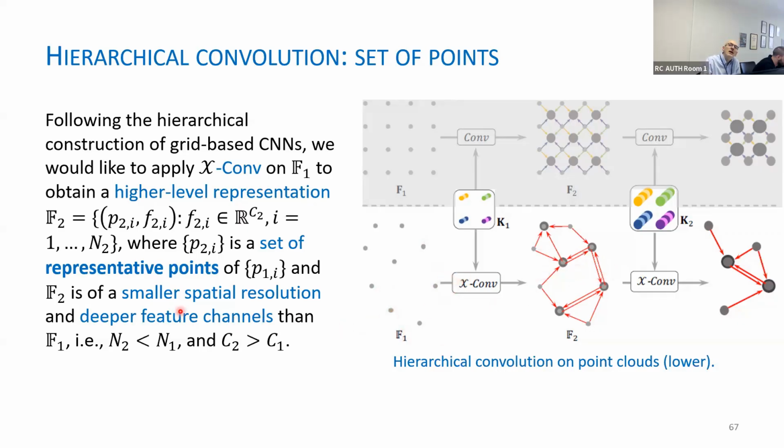For these points, we aggregate information from neighboring points, and so the feature associated with each point is larger, as we have for the convolutional neural network applied on the image. The same happens for the subsequent level.